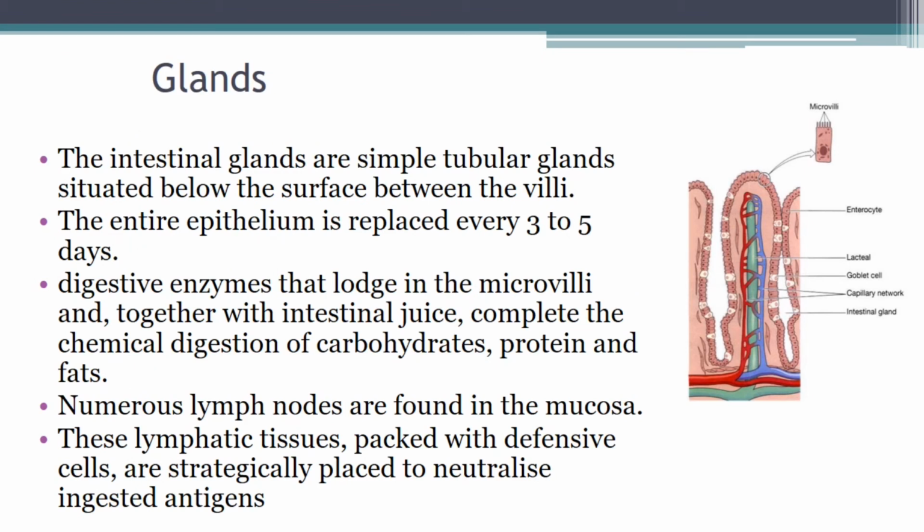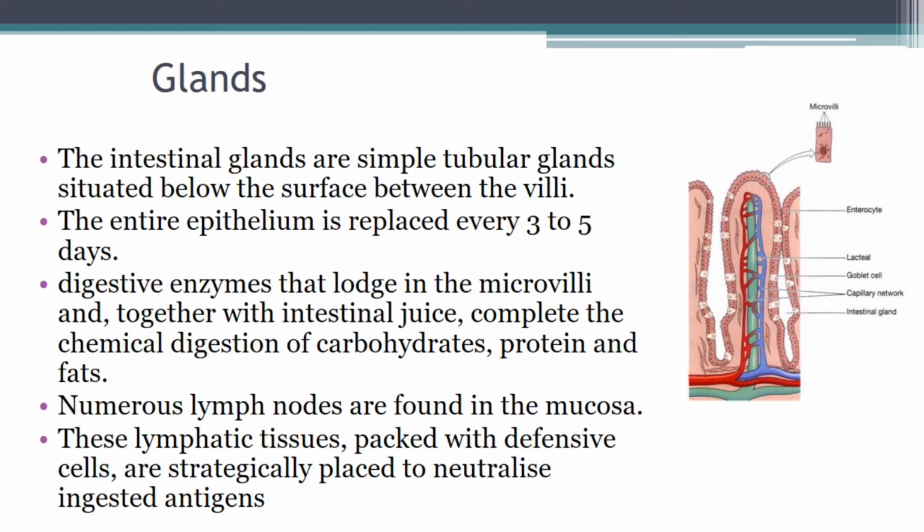Now, the glands of the small intestine. The intestinal glands are simple tubular glands situated below the surface between the villi. Between two villi there will be glands, that is the intestinal glands.